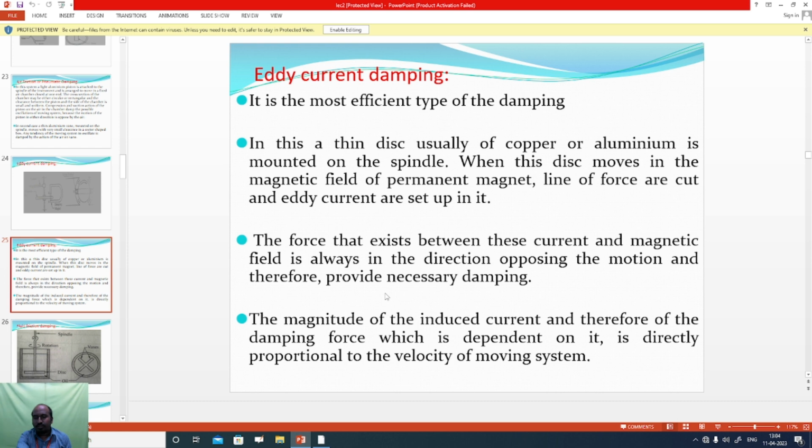The force between the current and the magnetic field is always in the direction opposing the motion and provides the necessary damping.